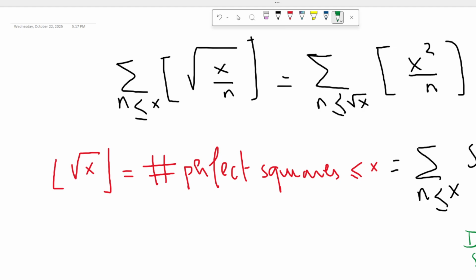What it does is that s of n, when n goes through all the values less or equal than x, takes the value 1 when n is a perfect square and takes the value 0 when n is not a perfect square.